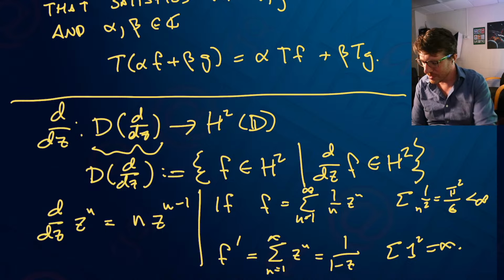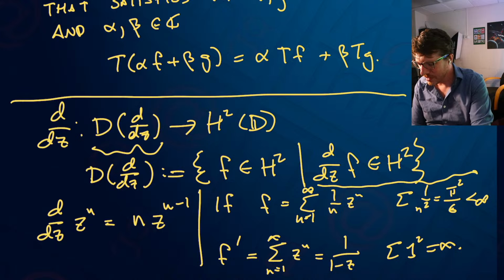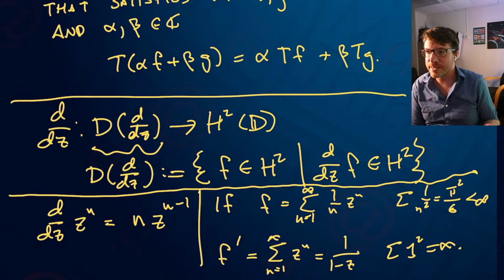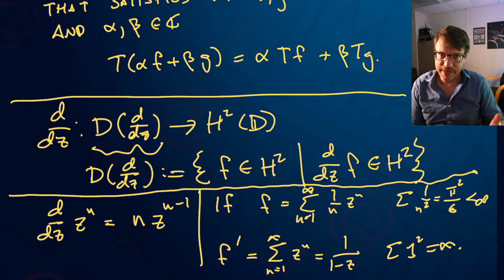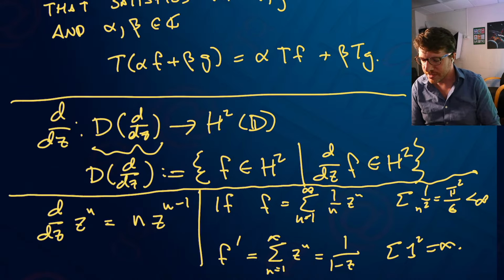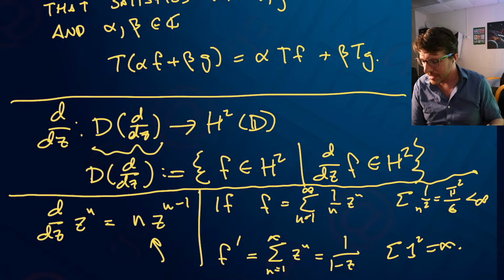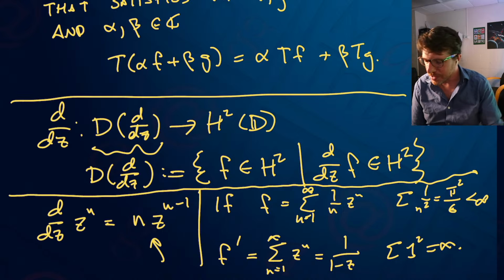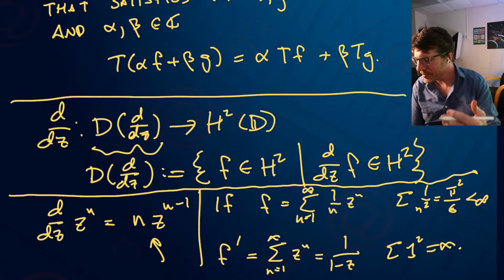And so the derivative operation isn't well defined for all of H2, or all of my Hardy space. And so we're not going to define it over the entire Hardy space, but we can define it on nice subsets like polynomials, right? At the very least, we know it can work sometimes. And then we make our domain just polynomials, and while we're at it, let's just throw in anything that could work.